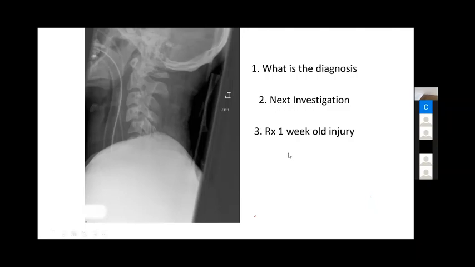So it is a 1 week old injury. He is intubated and ventilated in the ITU. What are the things you're going to do? We don't know the neurology. CT, MR, what do you get?